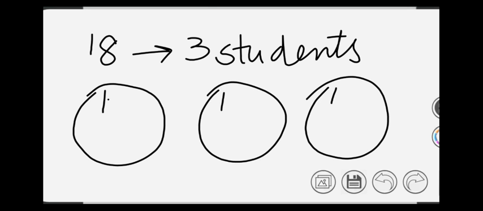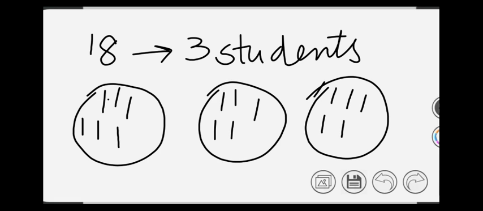Now again 3, then 4, 5, 6. Then 7, 8, 9, 10, 11, 12, 13, 14, 15, 16, 17 and 18.